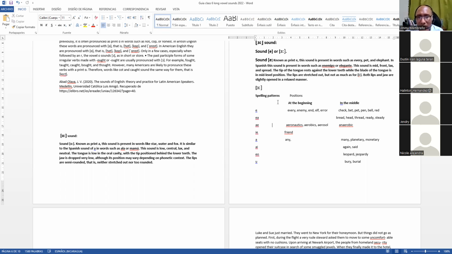Also in this word, which is very easy for you, the combination IE, like friend. It's not friend, it's friend. And then we have the letter A at the beginning of a word. For example, when we say any, any of you can pronounce this sound. Also, it goes in the middle, like when we say many.